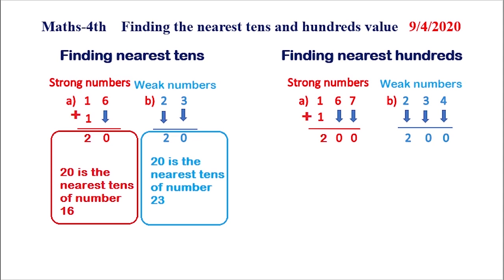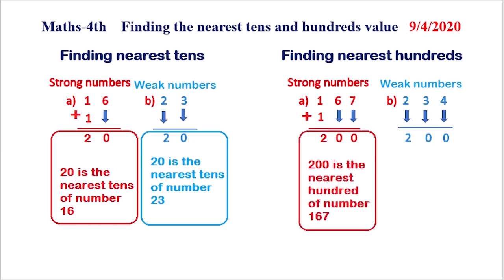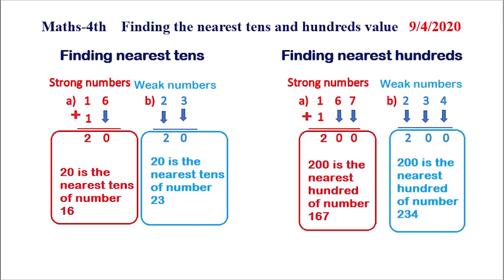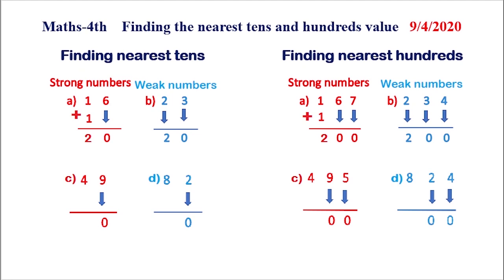Now in finding the nearest hundreds, 200 is the nearest hundred of number 167, and 200 is the nearest hundred of number 237. Now let's solve a few more examples.